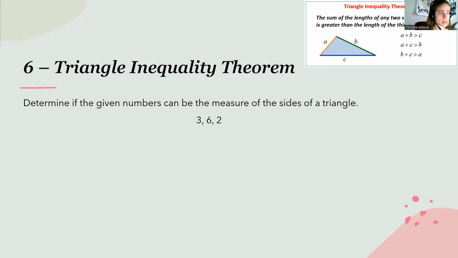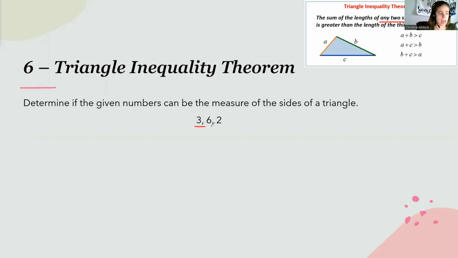And because it says any two sides, whenever you're trying to figure out, can these three side lengths actually come together and close and form a triangle, you have to test it 3 times. You have to do all 3 possibilities. So I like to do it the same each time because then I make sure I don't miss anything.